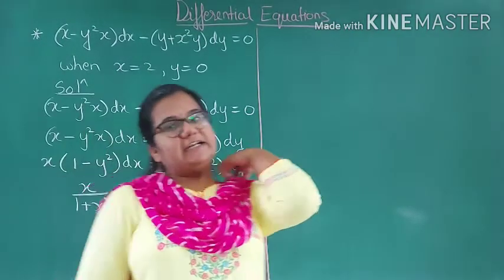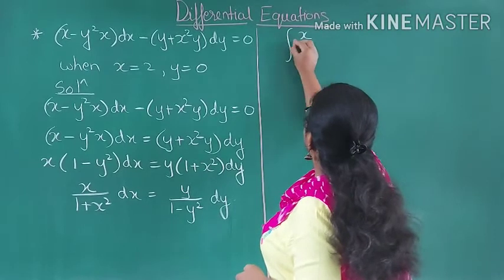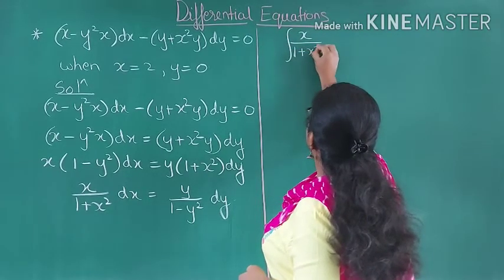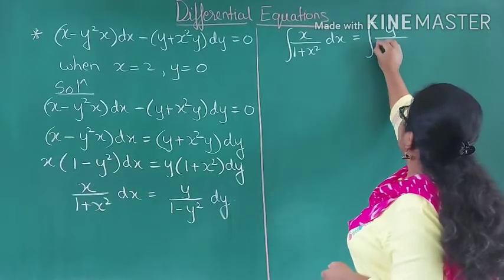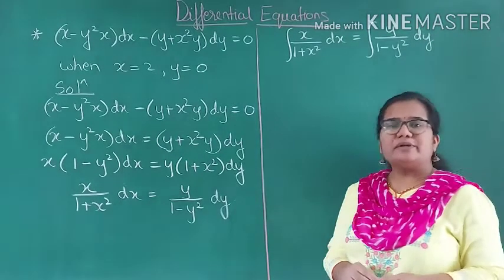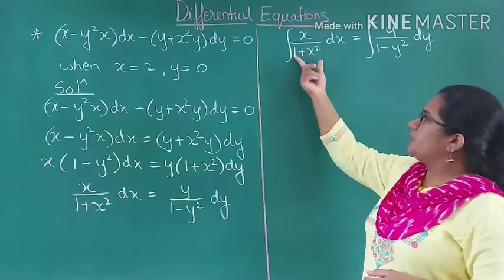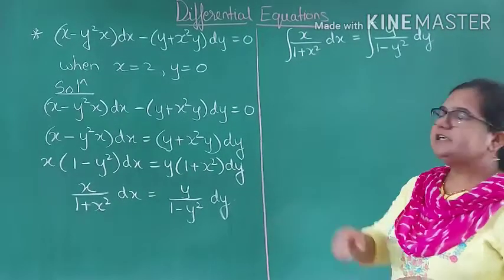After this we will integrate on both sides. So we have integration of x upon 1 plus x square dx is equal to integration of y upon 1 minus y square dy. Now how to integrate this? If you look at the denominator 1 plus x square, what is the derivative of 1 plus x square? It is 2x.